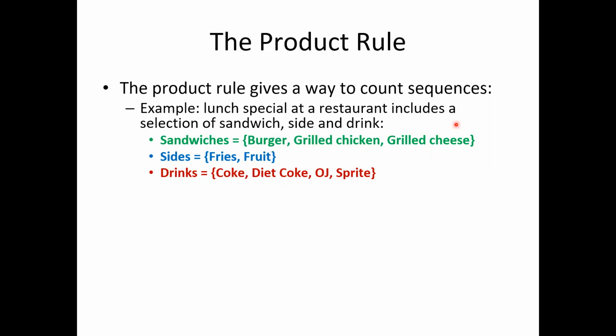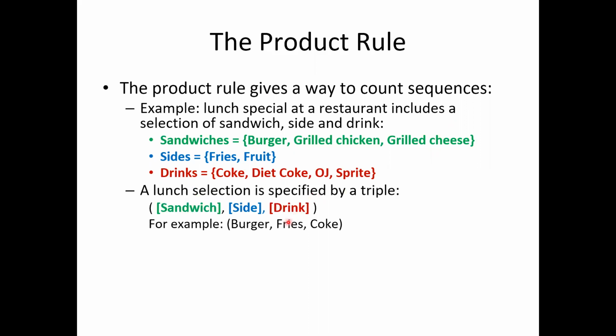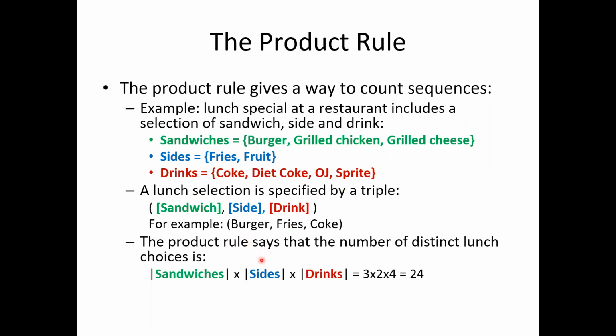So there are 3 possibilities for the first element, 2 for the second, 4 for the last. The number of ways to count this is the cardinality of the first set times the cardinality of the second times the cardinality of the third.